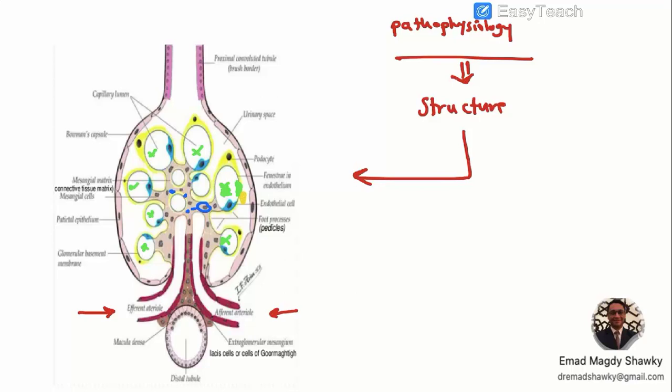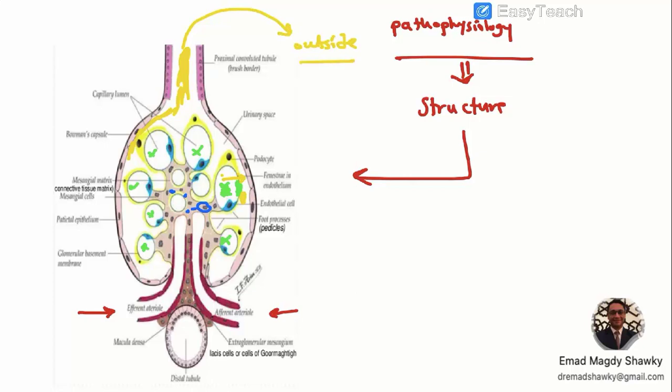So the blood will be filtered through this membrane from the lumen to the Bowman's space. Collection of the urine in the Bowman's space will come to the proximal convoluted tubule, then pass from the nephron to outside. Okay, this is a very general look.